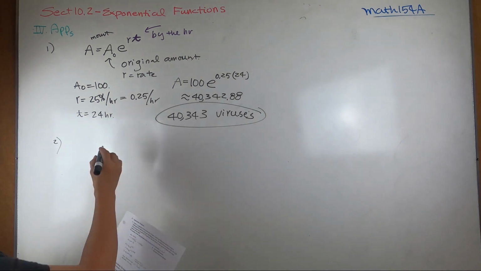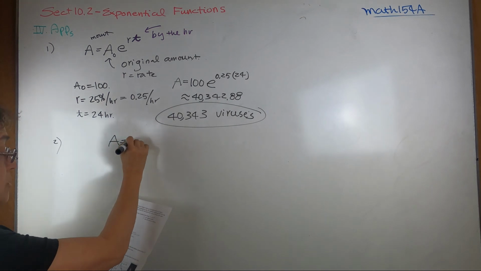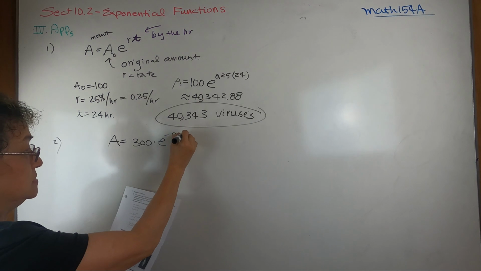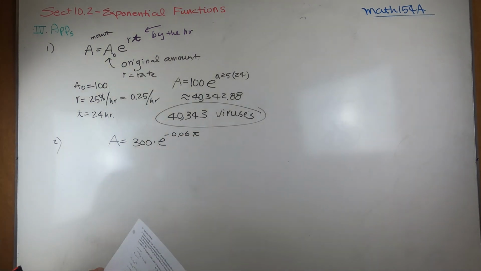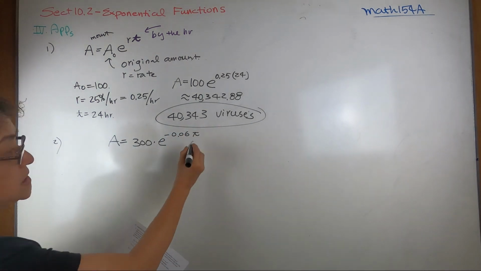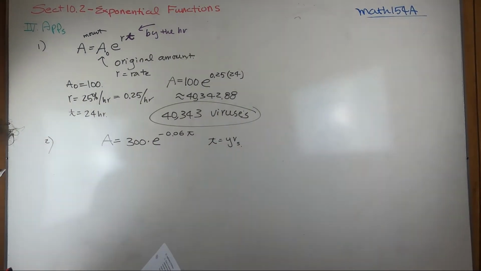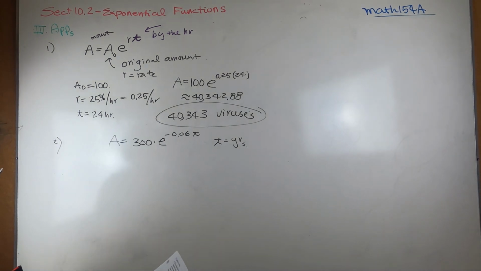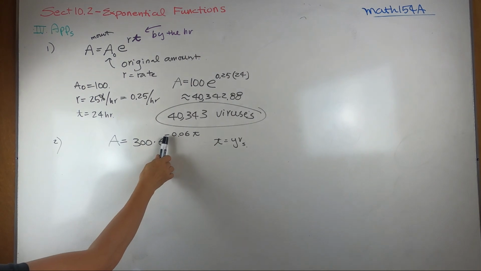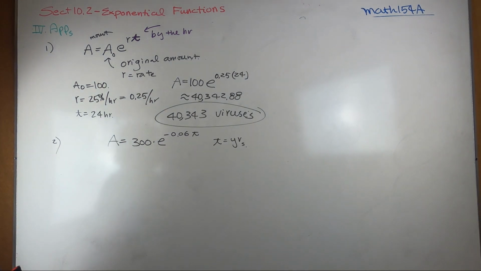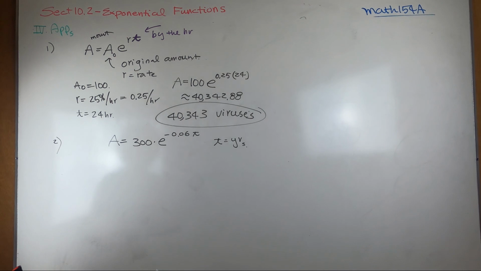It's given by the formula A equals 300 times e to the negative 0.06t, and t is in years, okay? So some material will decay. See, your exponent in the exponential function is negative, so you will have a decay, right?